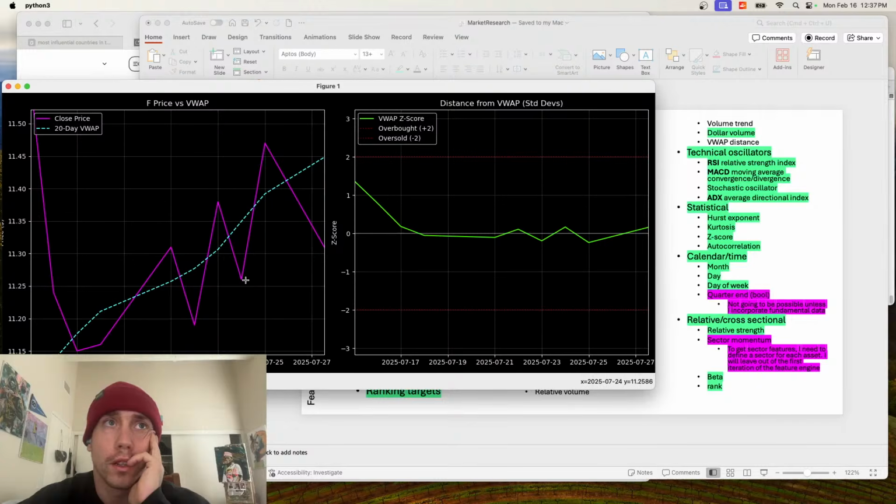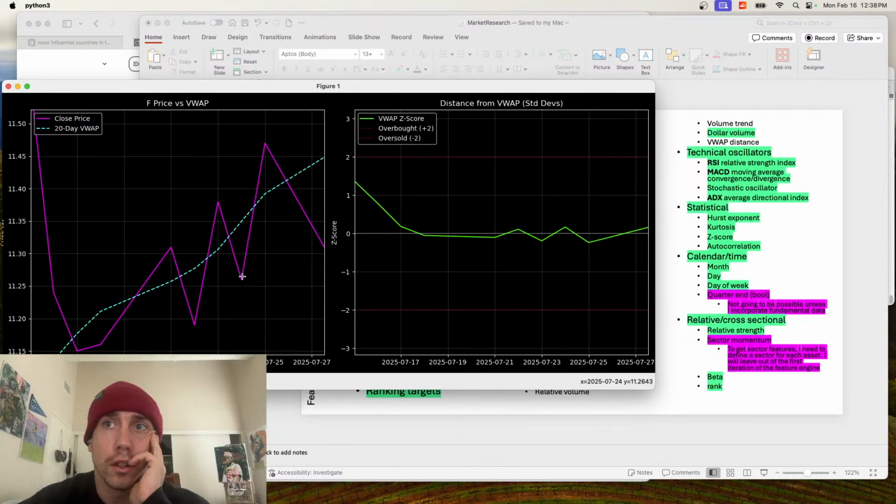Then it drops to negative on the 24th. So this should go from positive on the 23rd. No. So on the 23rd, it goes positive, so we shouldn't see that till the 24th. So yeah, that goes positive.